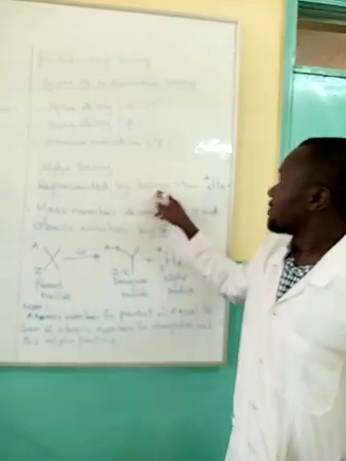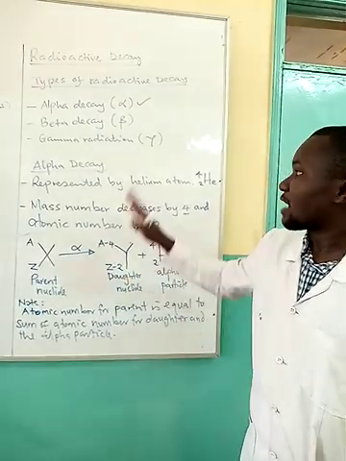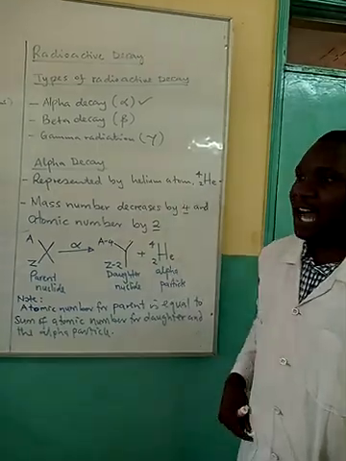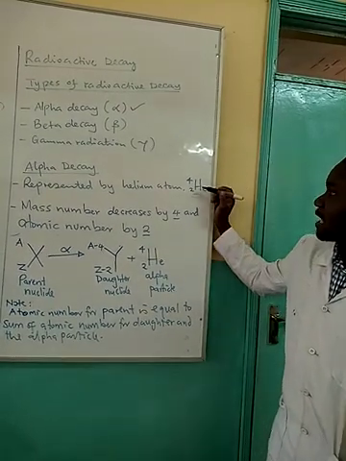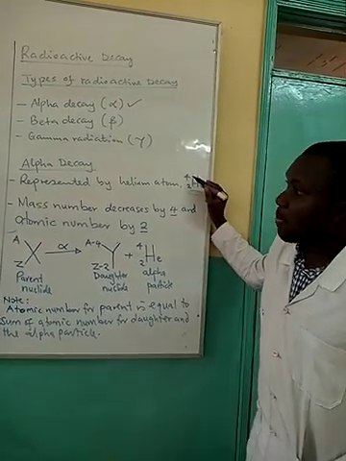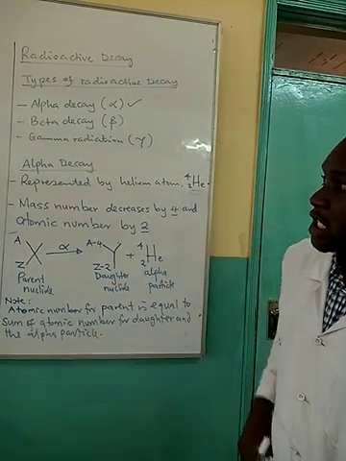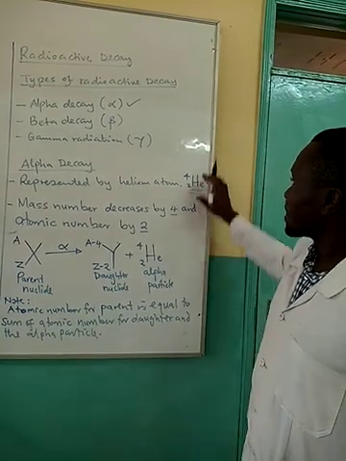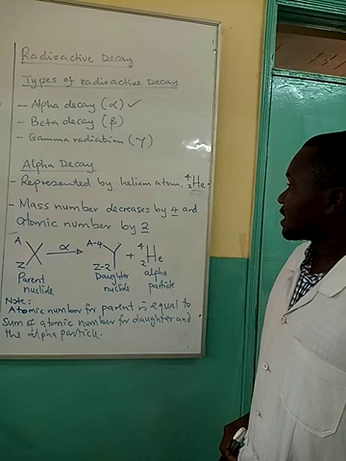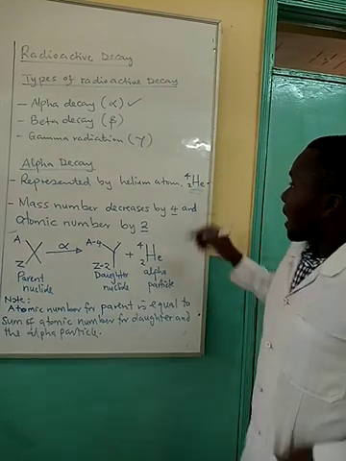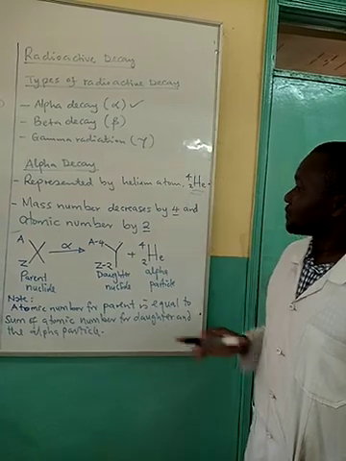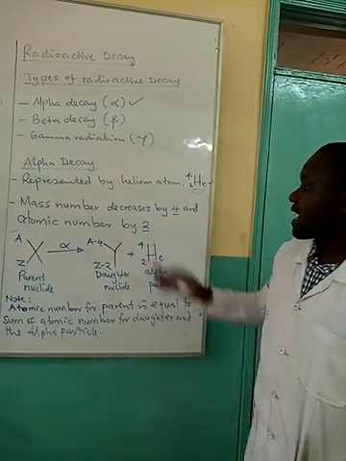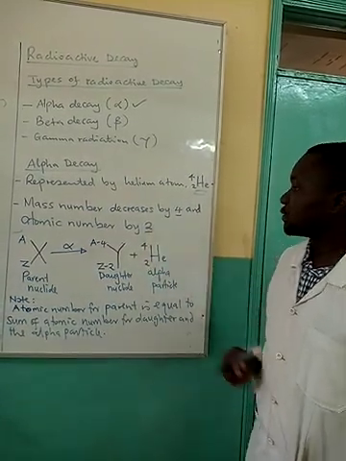An alpha particle is a helium nucleus. Helium is represented like this: it has atomic number 2 and mass number 4. So the mass number will decrease by 4 and the atomic number decreases by 2.